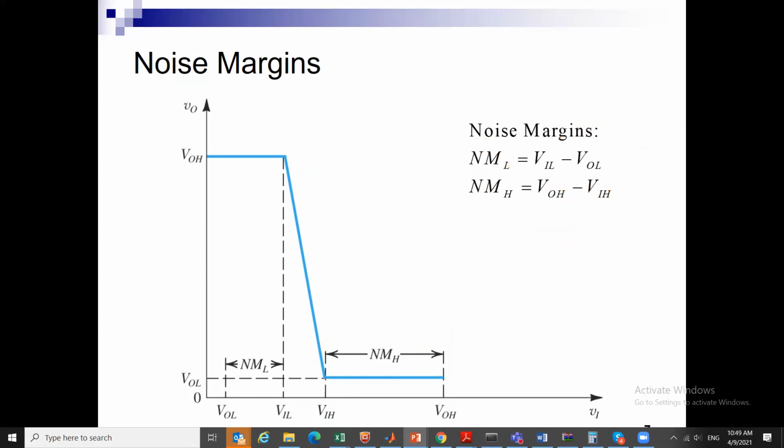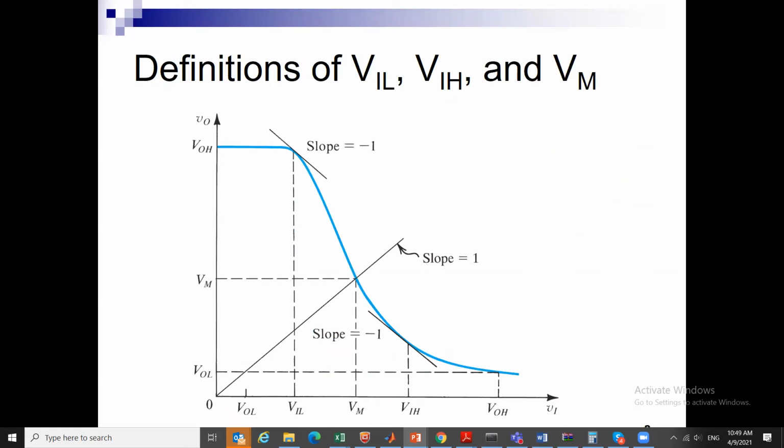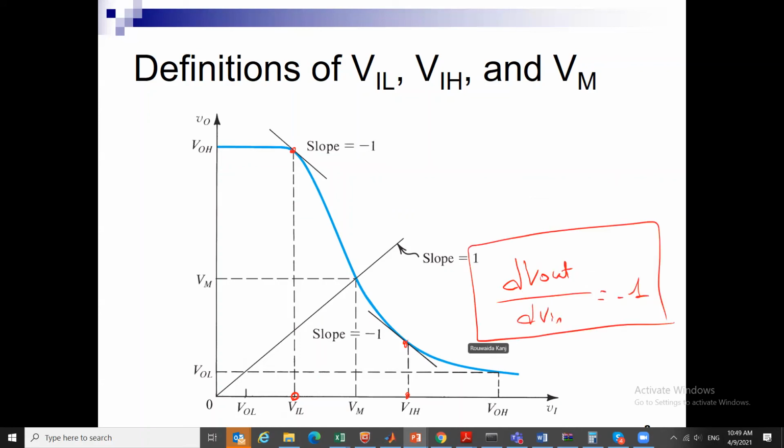Those noise margins are defined like this. I determine VIL and VIH from the points in the transfer function where dVout by dVin equals minus 1. These are the points where the slope of dVout by dVin equals minus 1.